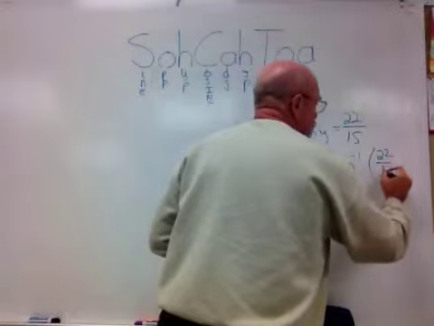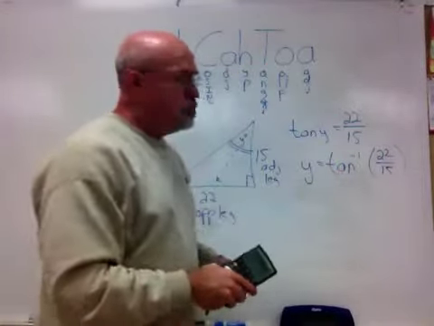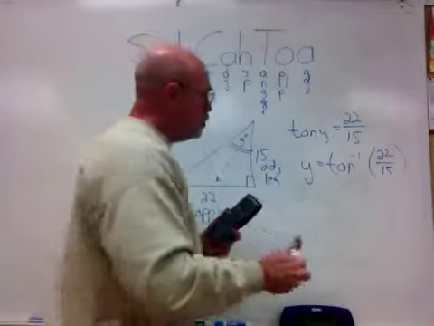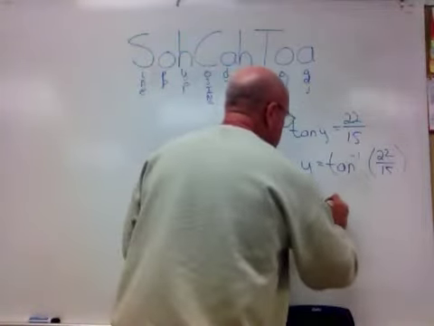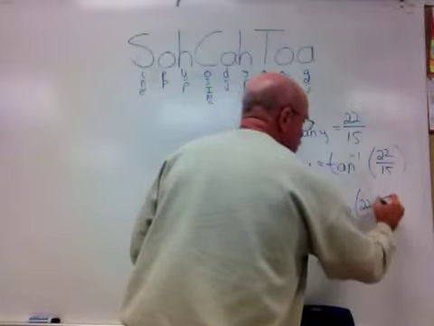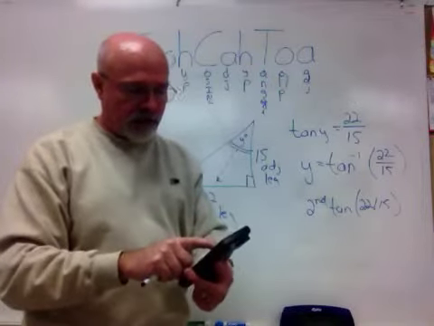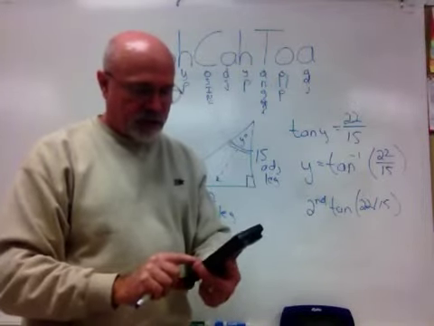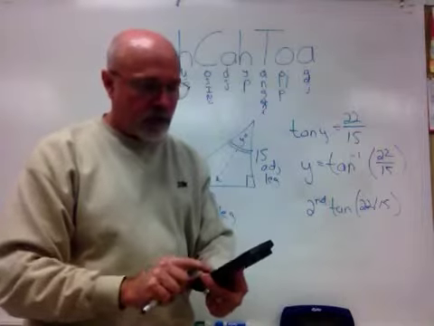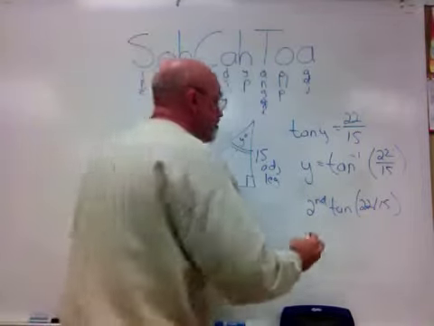22 over 15. To get here on the calculator, you just use the second button. So you'll go second, tan, and put in parentheses 22 over 15, and hit enter. When I do that on my calculator, I get, to the nearest tenth, 55.7 degrees.